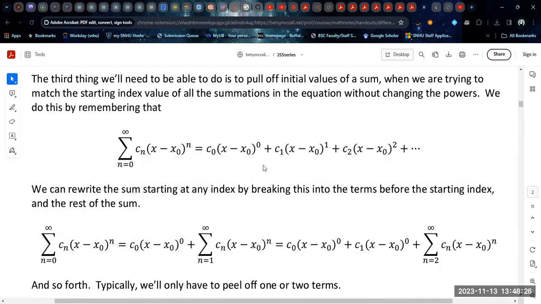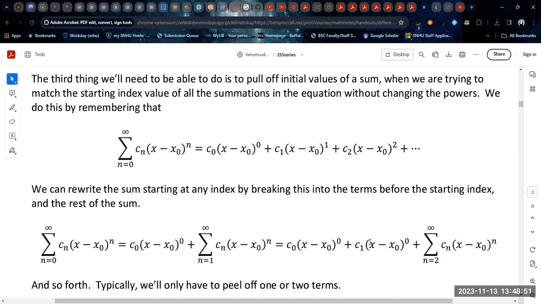The other thing that we may need to do is, if we have different starting values for our indices, we may need to pull off individual terms. So the way that we do this is you write out the terms, and if you take out the n equals 0 term, the remainder of the sum will then start at n equals 1.